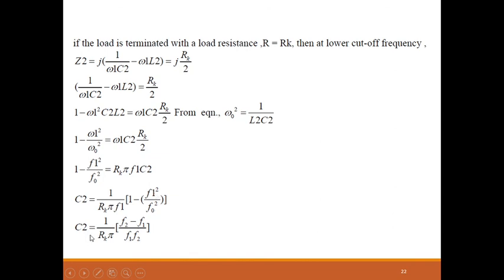Similarly for C2 again, we are making the cross multiplication and obtaining the expression, and we are multiplying the frequencies which are considered common.